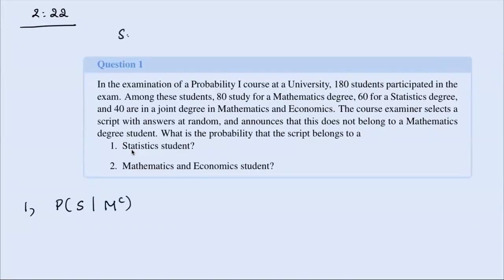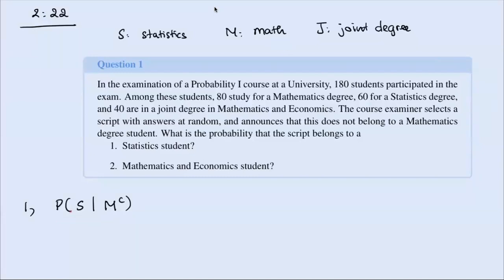I will use S to denote student in statistics, N for math, and J is for the joint degree. So we see here that we are dealing with conditional probability.